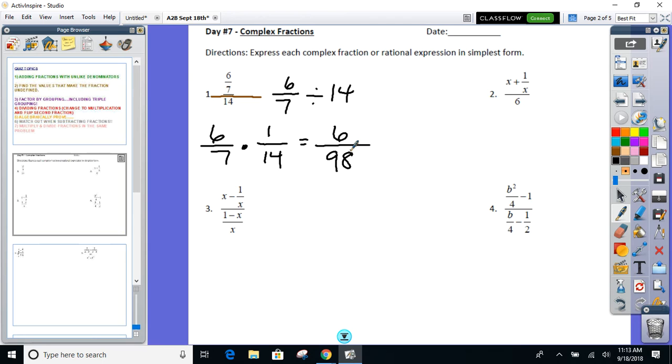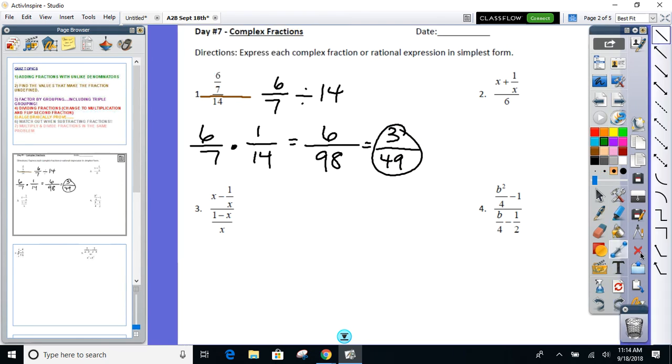So go ahead, if you have your calculator on you, let's get it out. 6/98, just put it into a fraction template, and it'll reduce it for you. Six over 98. 3 over. There you go.